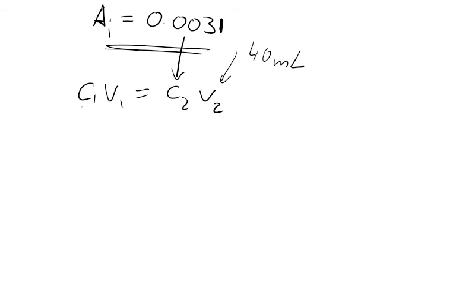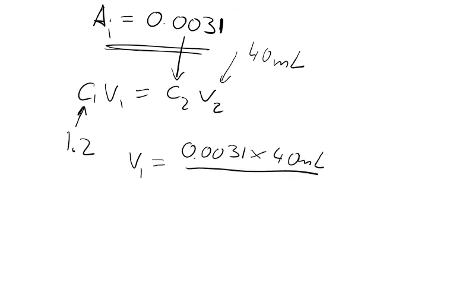And here our C1 is 1.2. So all we need to do is V1 equals 0.0031 times 40 milliliter divided by 1.2.